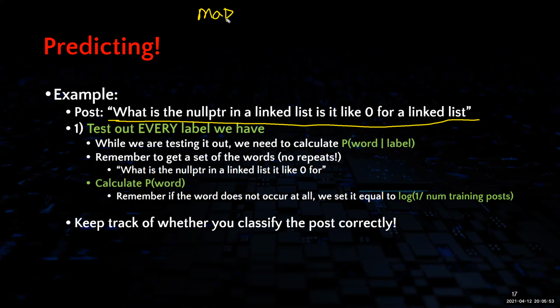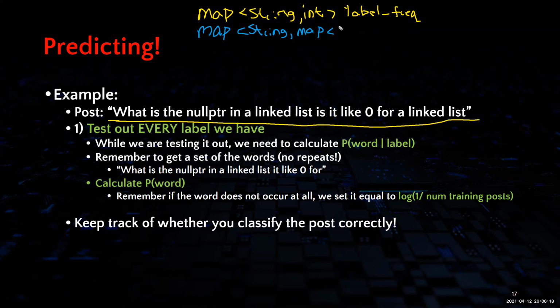I'll go ahead and draw our maps up real quick, just remember what we have. We have a map of strings to integers. I will call this label frequency. We have a map of string to map of string int, and this will be our label word frequency.